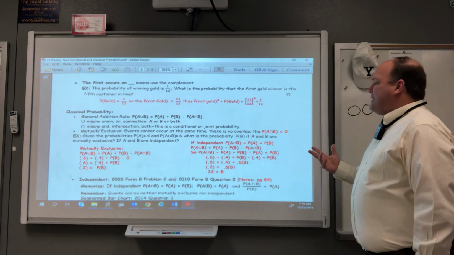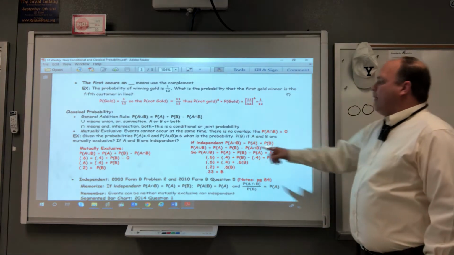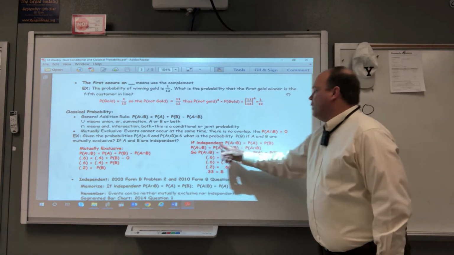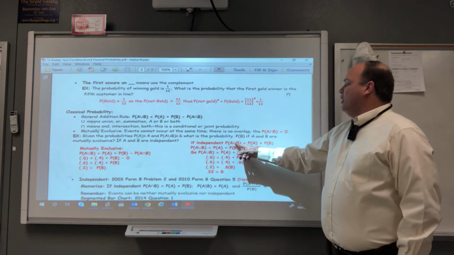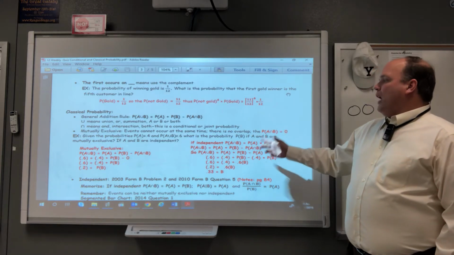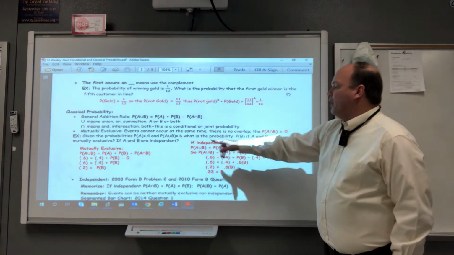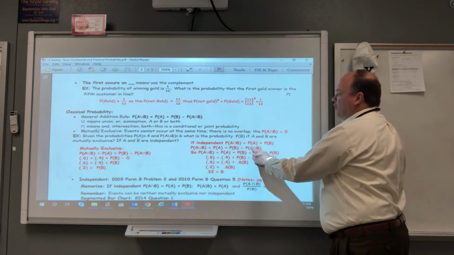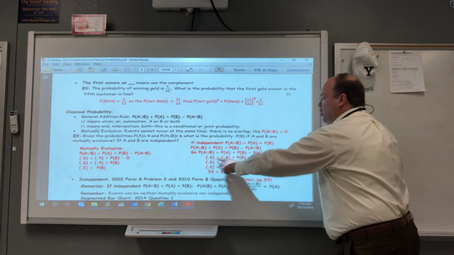If they're independent, and put a big star, this is only true if independent, the intersection equals A times B. So they asked me to calculate the problem if they are independent. And since that's the case, I can substitute this for the intersection sign, which I did here.